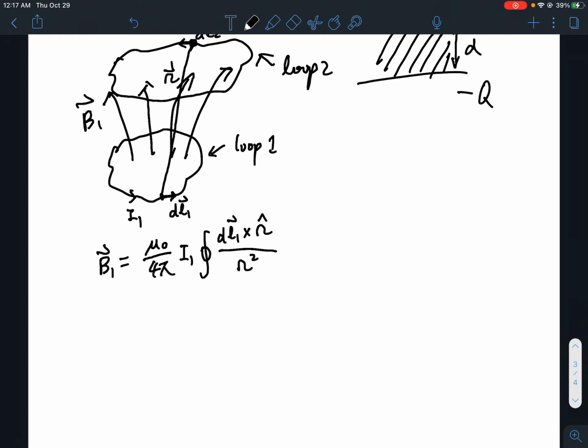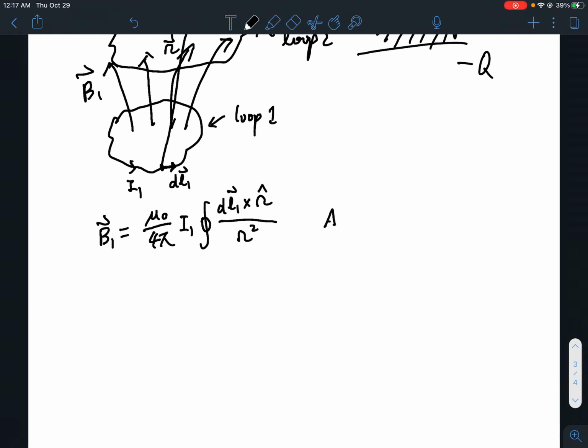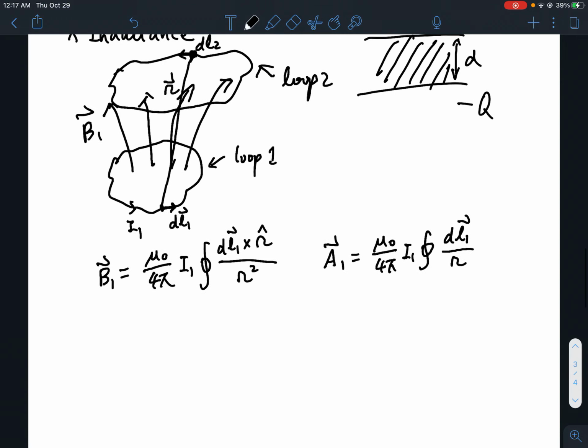We also calculated the vector potential, which is mu0 divided by 4 pi, as you can see from magnetostatics. So we also have this vector potential that looks like that.